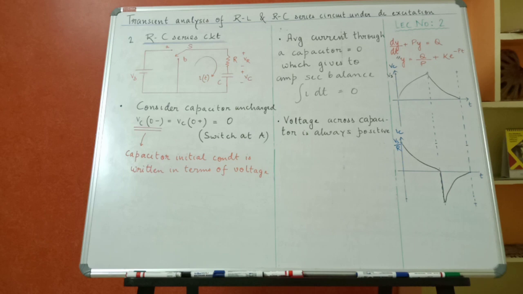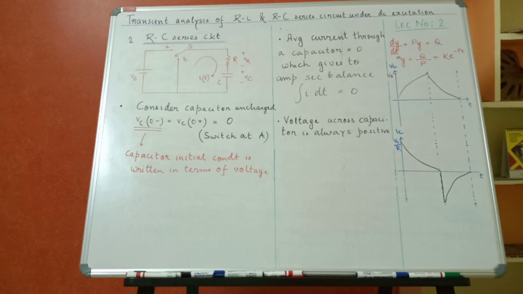If you compare these two points written in the middle column with the RL circuit, in the RL circuit the average voltage across the inductor was 0, but over here the same thing applies for current. In the second point, the voltage across the capacitor is always positive, but for an inductor the current is always positive.